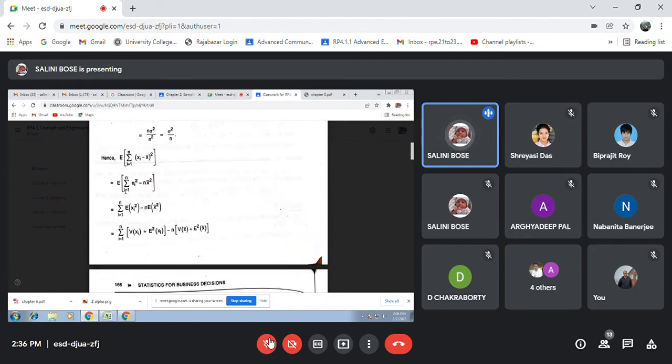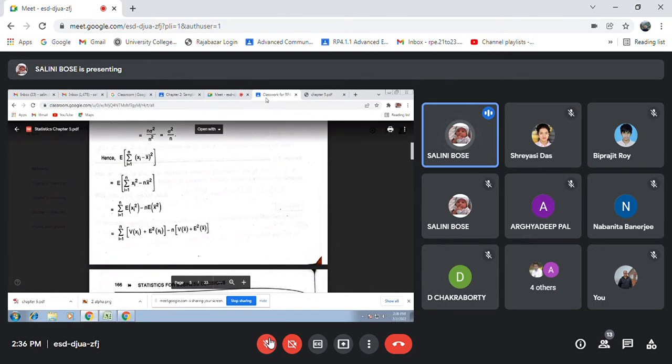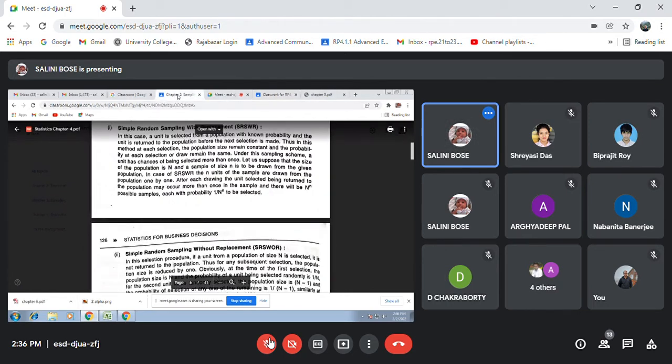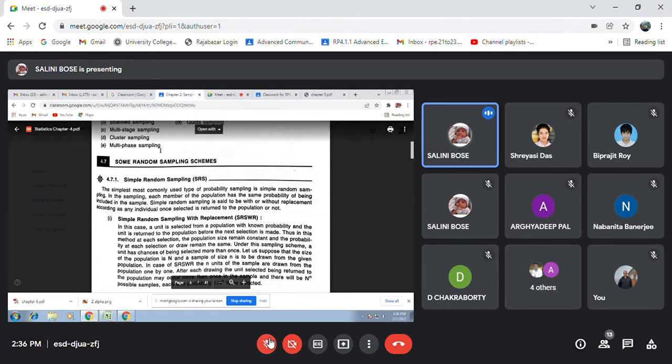Then that will be the expected value of xi square minus n times the expected value of x bar square. The expected value of xi square can be written using this formula, because you know variance of x is equal to E of x square minus E square of x.